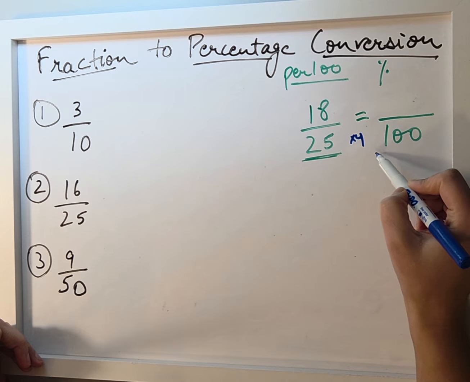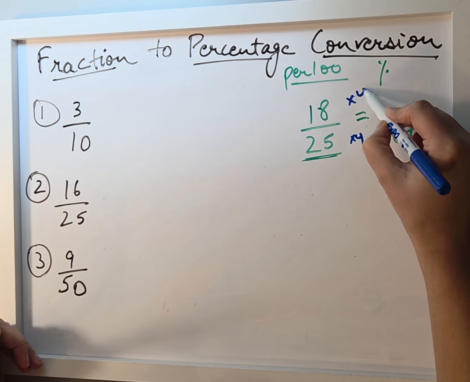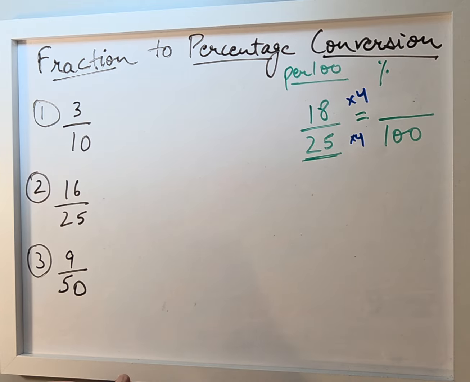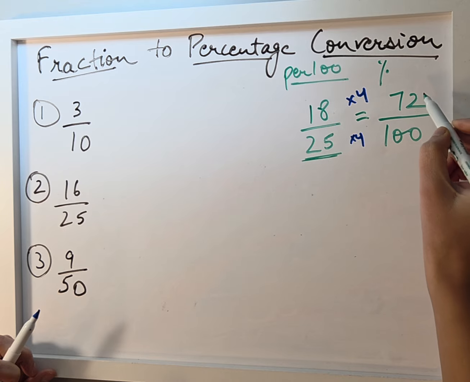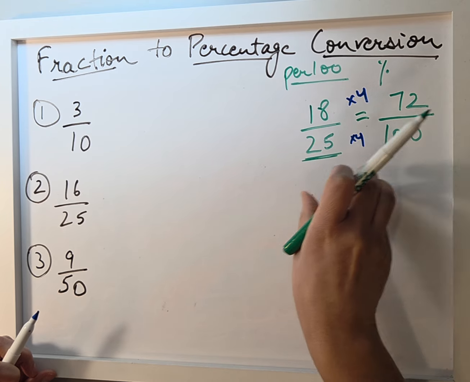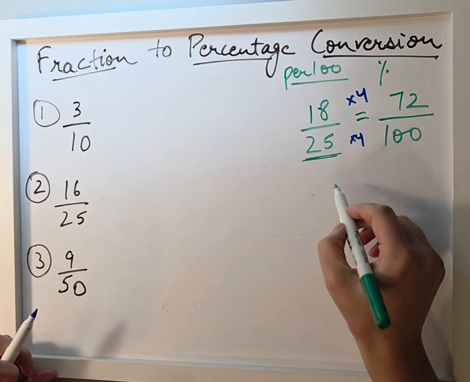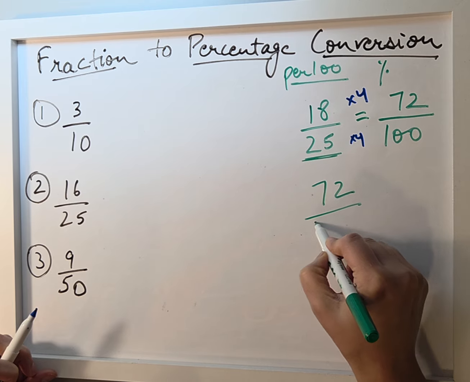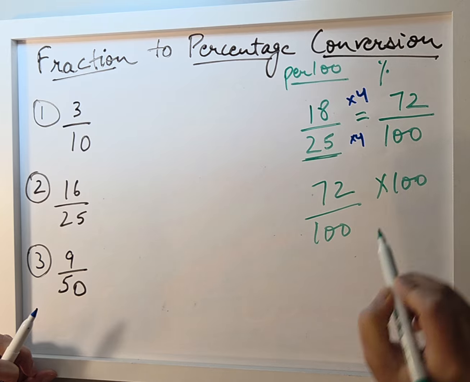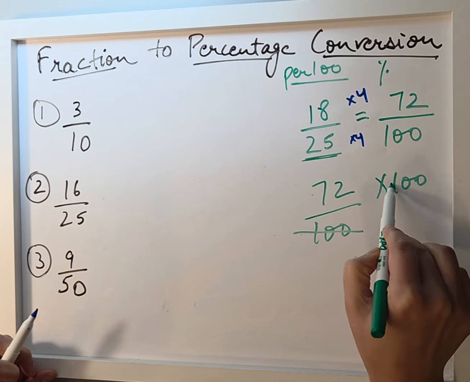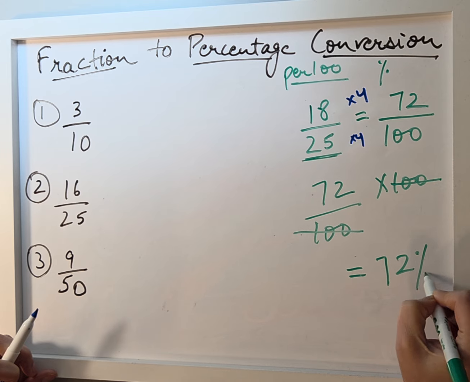So if we are multiplying this by 4, we have to multiply this by 4 as well. 18 into 4 is 72. So now we have an equivalent fraction, 72 by 100. Now if we have to convert this into a percentage, we have to multiply it by 100. So this effect gets cancelled and we get 72%.